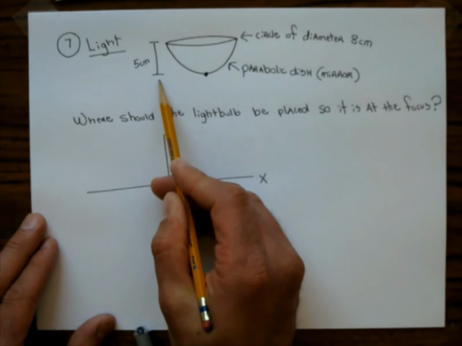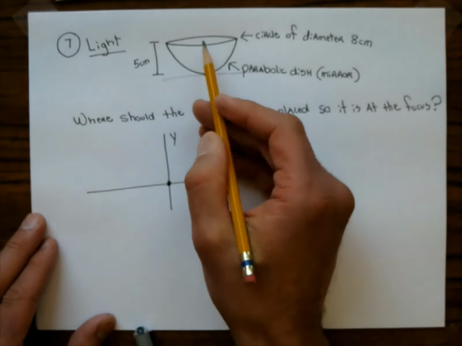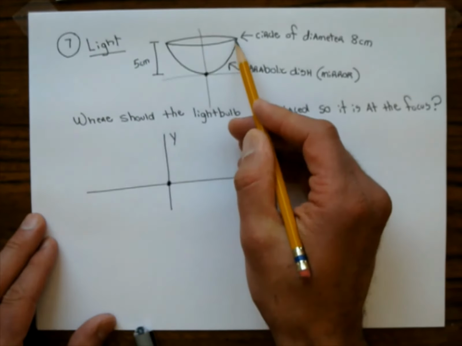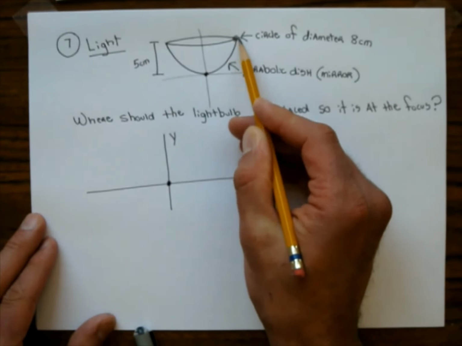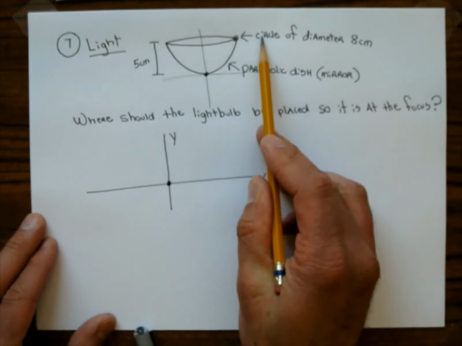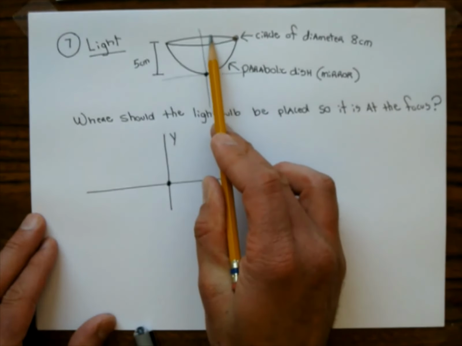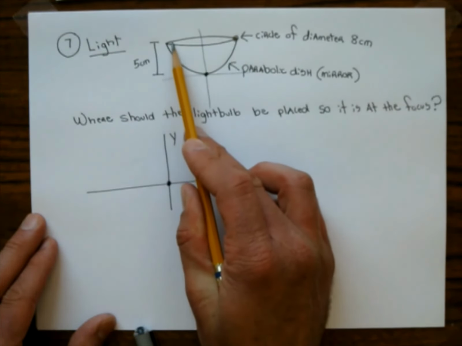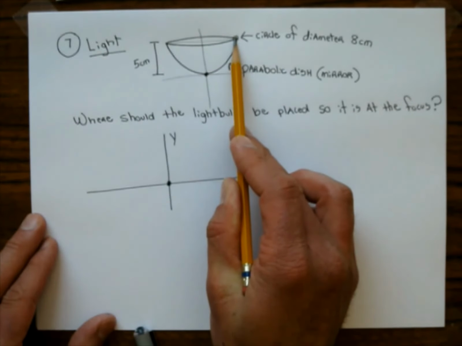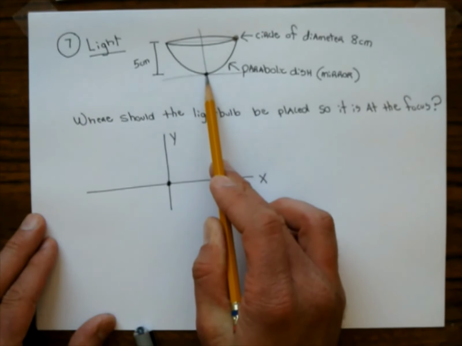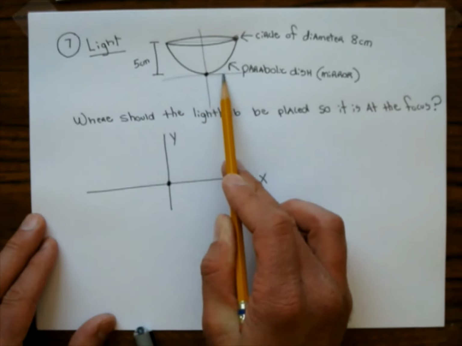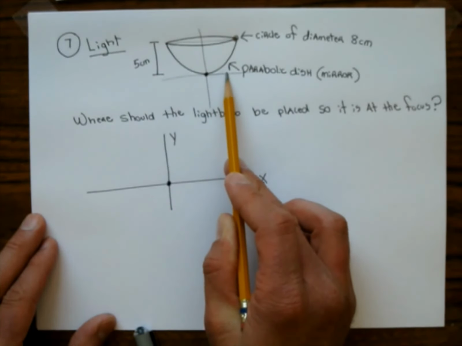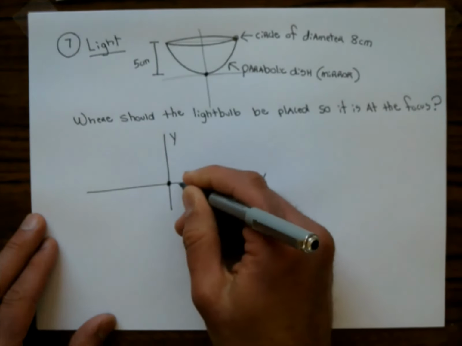Before I do that, let's think about this. This right here, and this right here, we want to know what this point is. It says this top part is a circle of diameter 8. The diameter goes all the way across. So to get to that point from here, I'm not going to go 8 over, I'm only going to go 4 over.